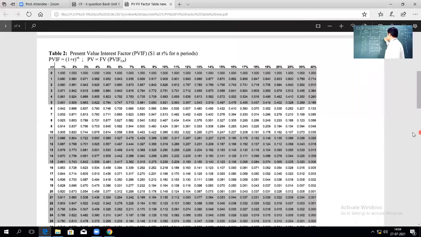It is 0.909. Second year 0.826. Next 0.751. Fourth year 0.683. Fifth year 0.621.